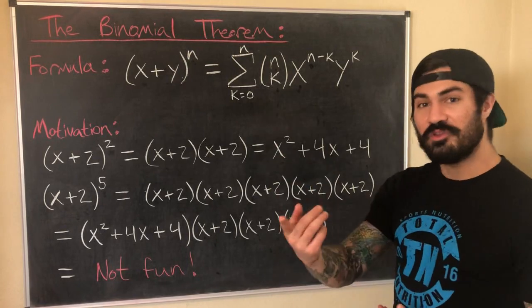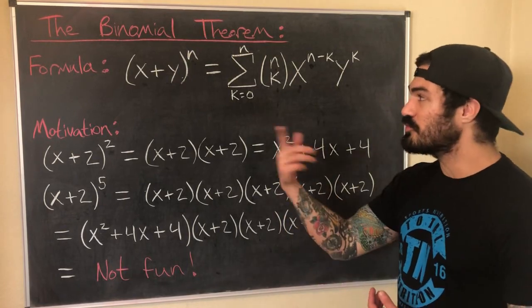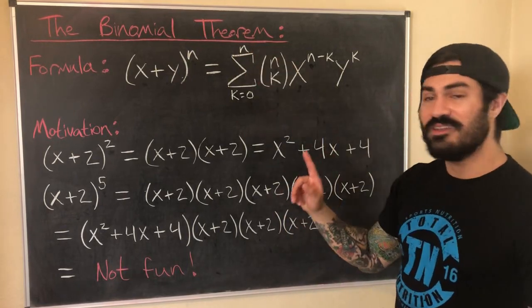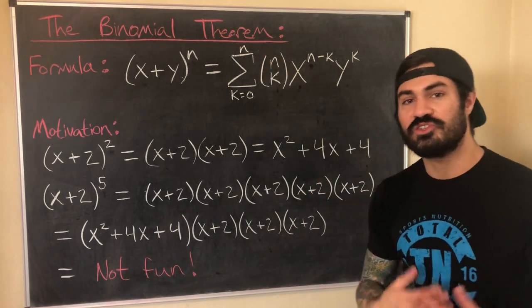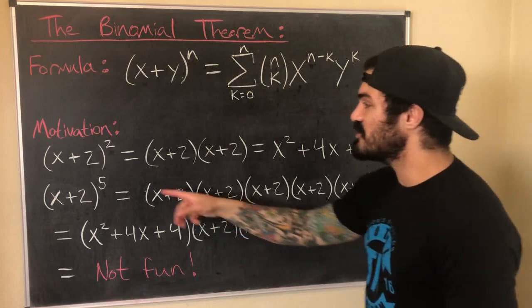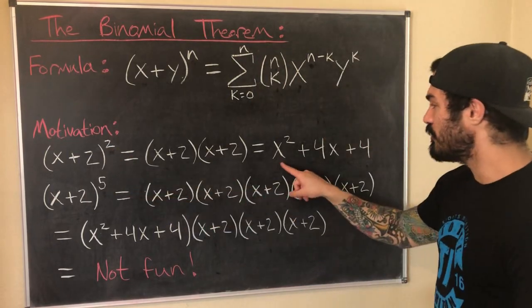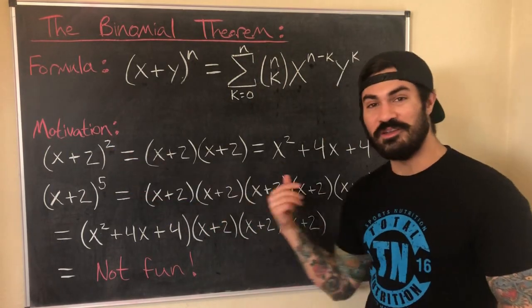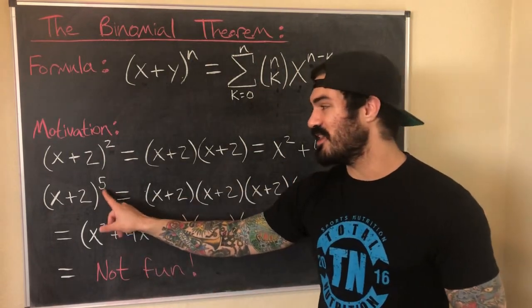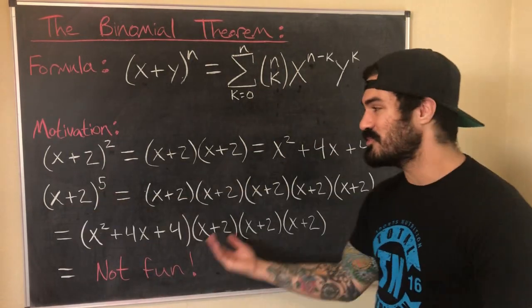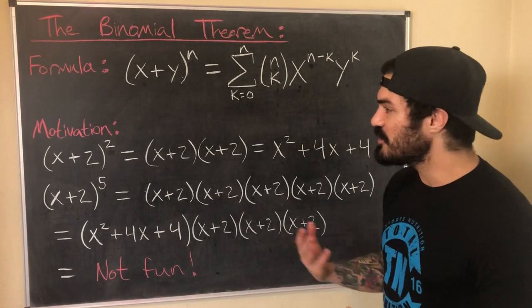We're starting at 0, that's our first term, then 1, 2, 3, all the way until we get to n. And since we're starting our counting at 0, we're going to end up with n plus 1 terms, which makes sense because here we have squared and we end up with 3 terms. 2 plus 1 is 3, right? So here we can expect 6 terms, the first being an x to the 5th term and the last being a constant term. So hopefully that makes sense.